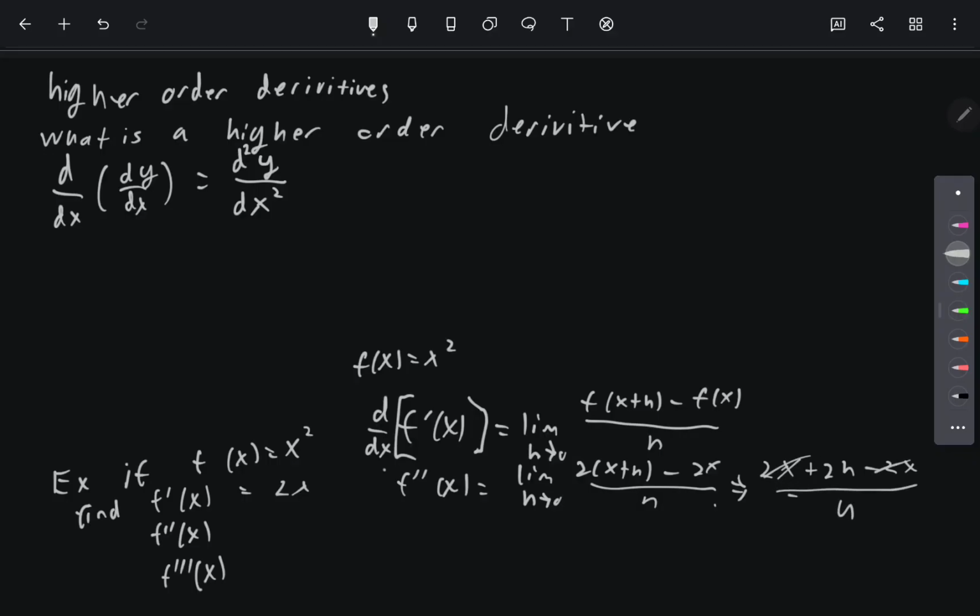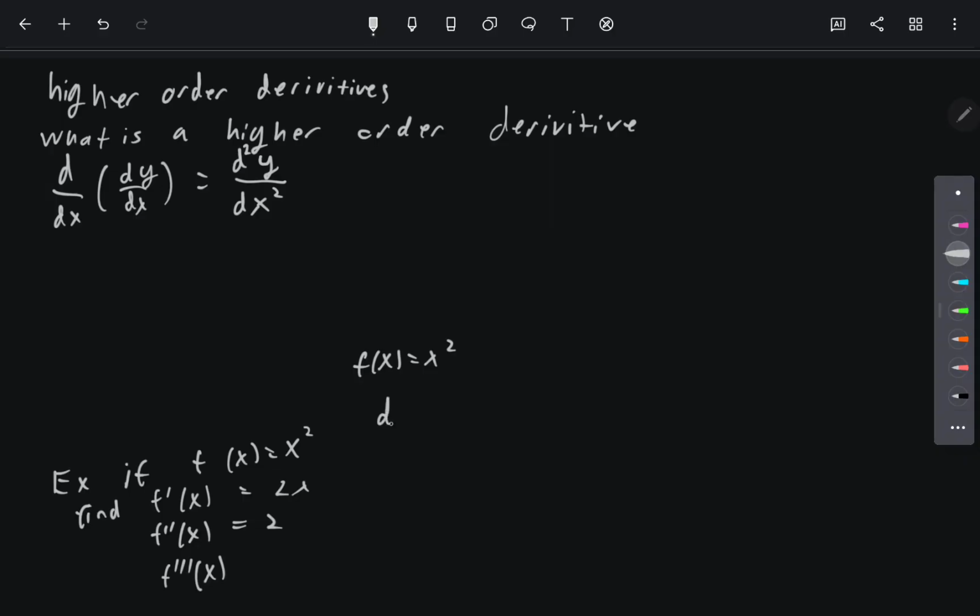The two x's cancel, and this h and that h cancel. So we're just really left with the limit as h approaches 0 of 2. So we are left with 2. All right, that one was a bit easier. Now on to the most certainly going to be the most difficult.